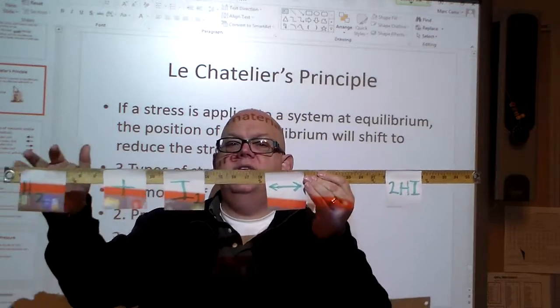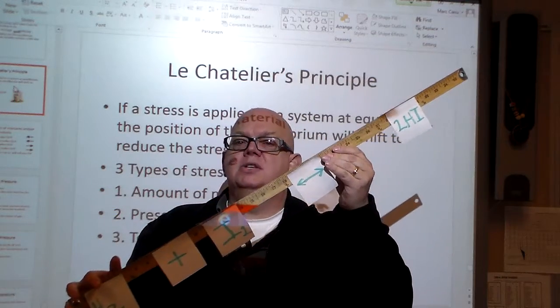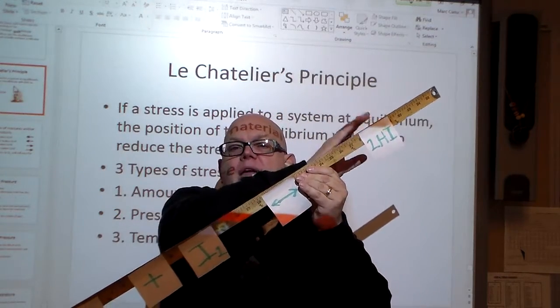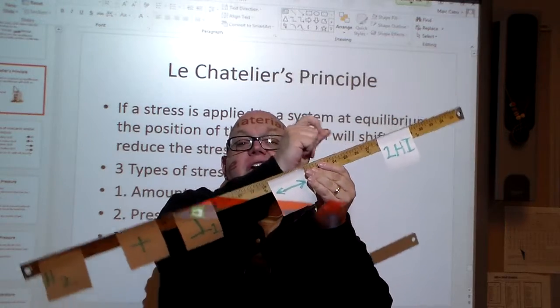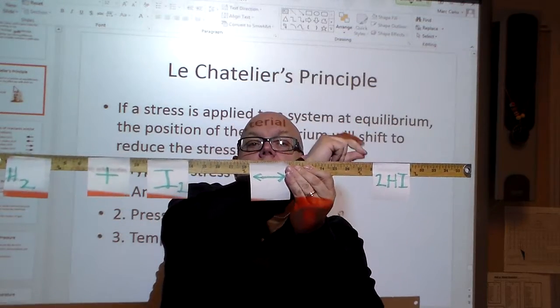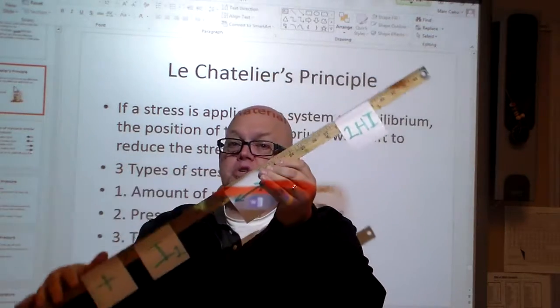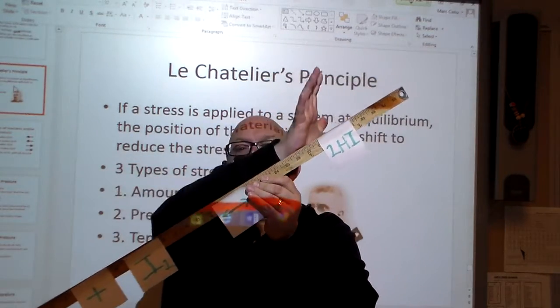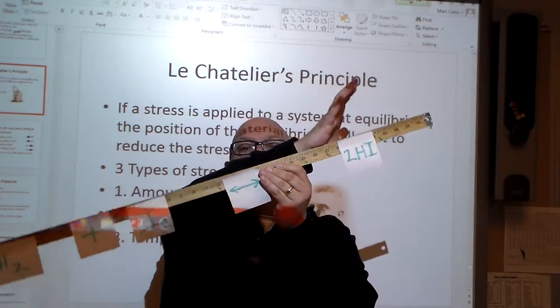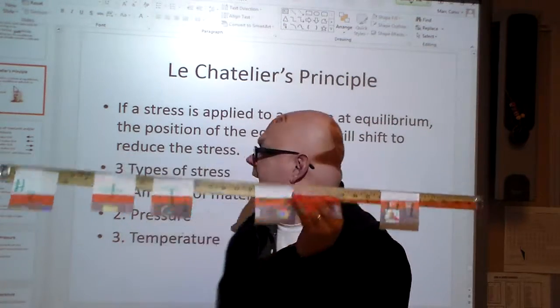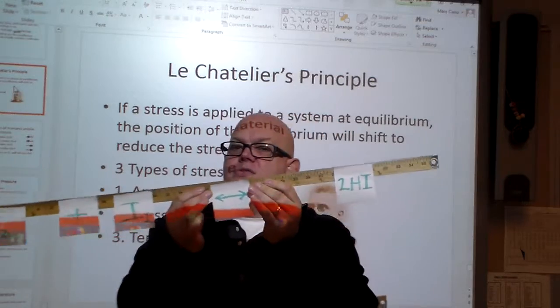So the idea is this: if there's too much reactant, then the speed at which products are made is going to go faster to bring it back up. This is equilibrium. Too much material, more product has to be made in order to stabilize it, to go back to it.